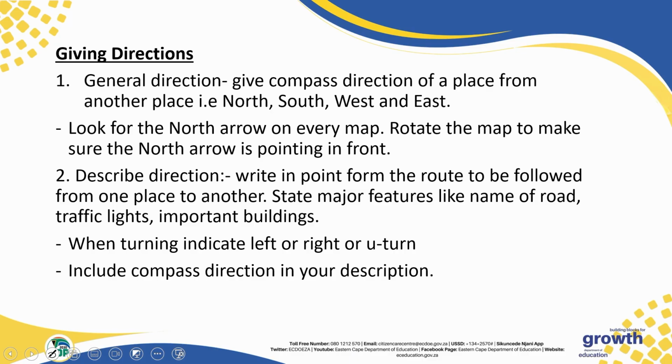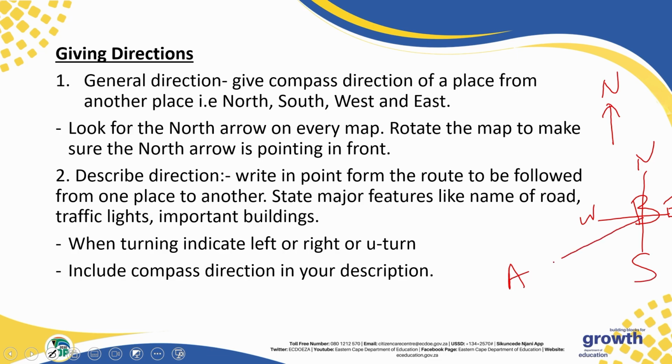Right? Let's say you want to give the general direction of A from B, and the north arrow is pointing this side. So it's the general direction of A from B. From B, that's where I go and put this cross. Then I put the north there, the west, the east to the right, and the south.